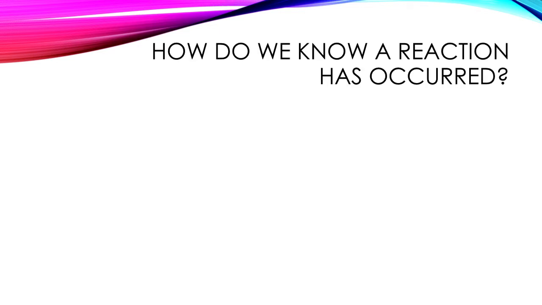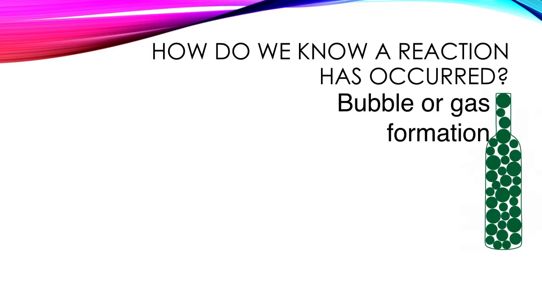Now, the next question that we need to ask ourselves is, how do we know that a chemical reaction has occurred? There are lots of different signs that we can see and determine that a chemical reaction has occurred just by observing a beaker or a flask or anything like that. The first one is bubbles or gas formation.